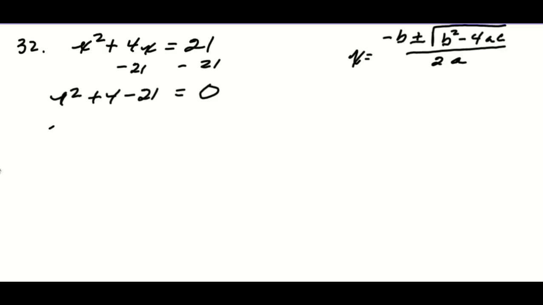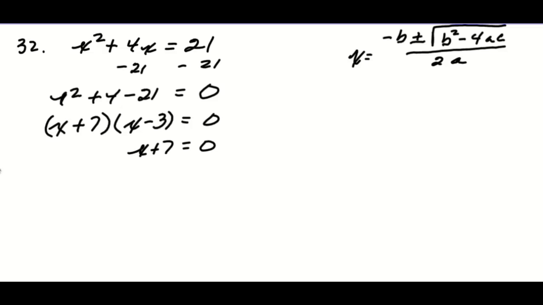So what we get is x plus 7 times x minus 3 equals 0. If x plus 7 equals 0, then x will equal negative 7. If x minus 3 equals 0, then x will equal 3.